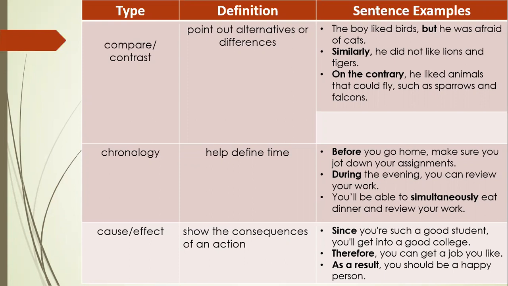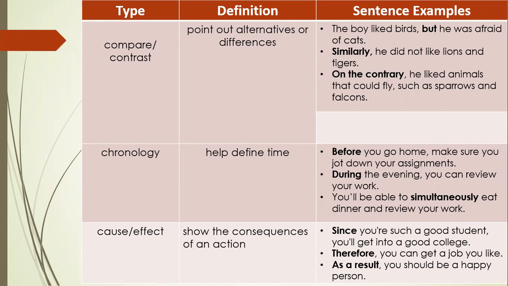The second type is chronology. Chronology means helping to define time, something mentioned according to a timeline or in sequential order. So, before you go home, here before is an example of a transition device of chronology. In the next, during the evening.